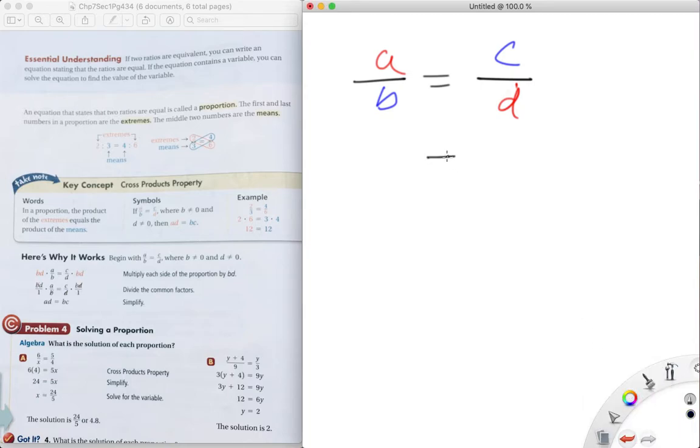So that means AD is equal to BC. Okay. The product of the means equals the product of the extremes. That's the cross products property that you can cross multiply.